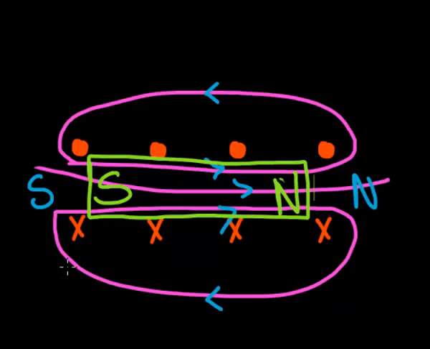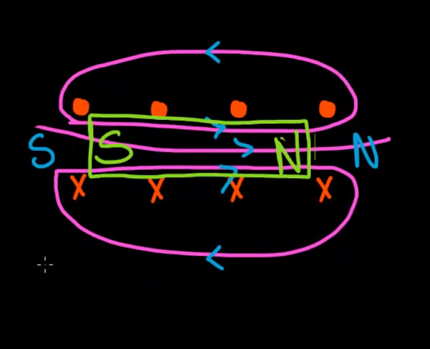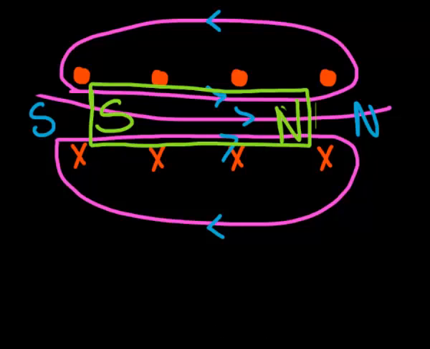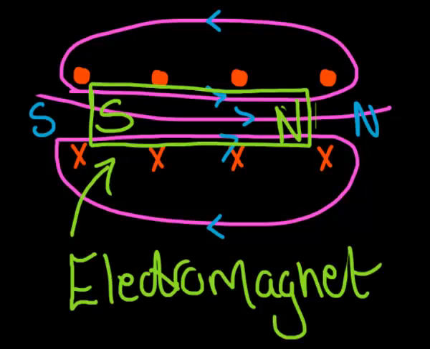So putting it inside of the solenoid and letting the current run through the coils will induce the magnetic field onto this piece of metal, making it a magnet for a period of time as the current is running through the coil. Now we would call this an electromagnet, seeing that it will only be a magnet as long as the current is running through the coils.